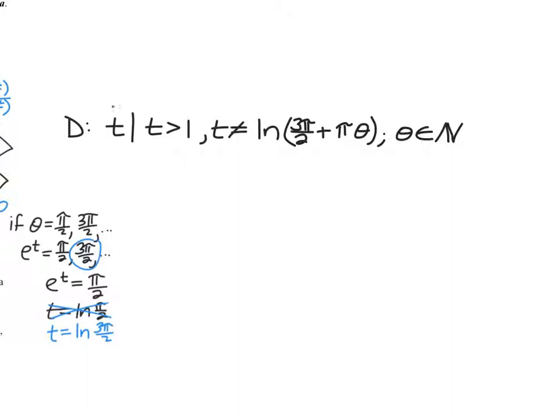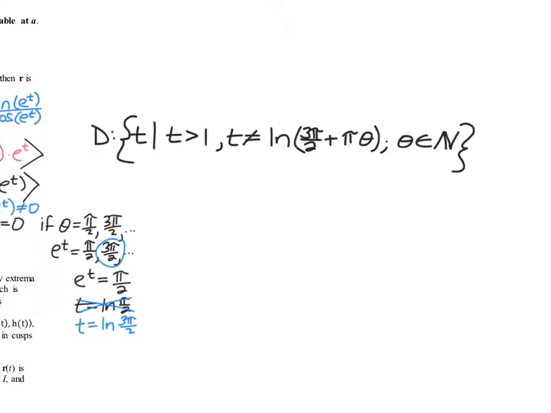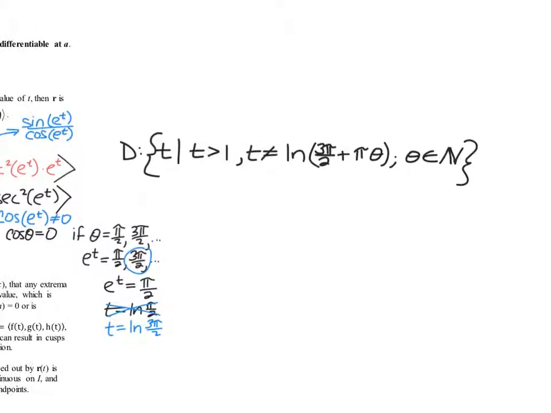Sorry, why did you get rid of pi over 2 again? Because it was redundant. Because it's already stated. The natural log of pi over 2 is 0.452, and it was stated when you said that t has to be greater than 1 in a previous part, right? So that's why it's redundant. The original restriction was t is greater than 1. So it's like, okay, you're repeating yourself.